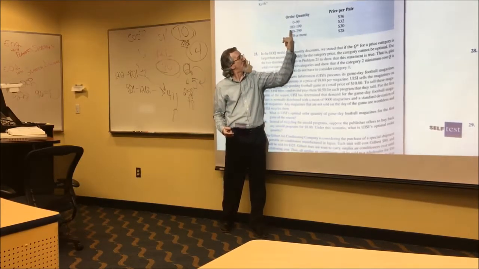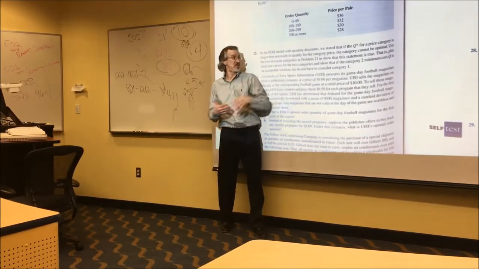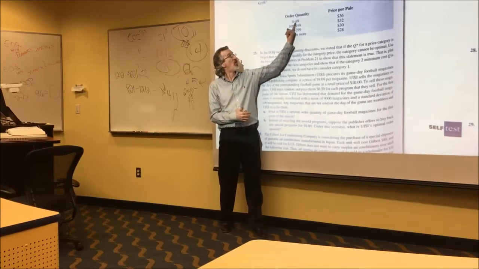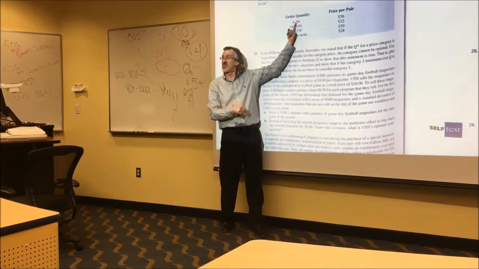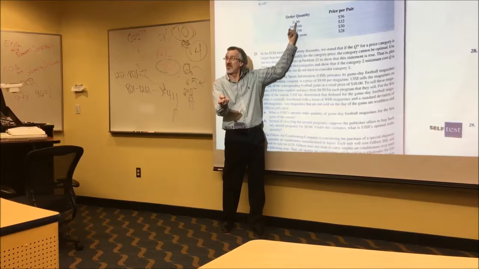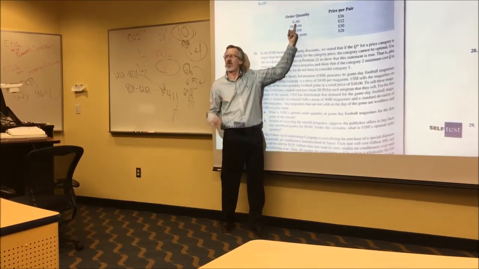And then we plug in 100, 200, 300 for the others. But what if the optimal quantity is, like I said before, 122? We'll never order from 0 to 99, and we're not even going to calculate total cost from 0 to 99 because we would never order less than the optimal quantity.